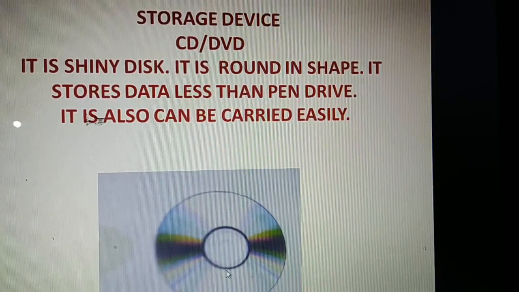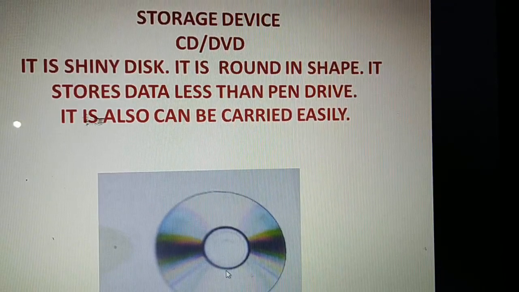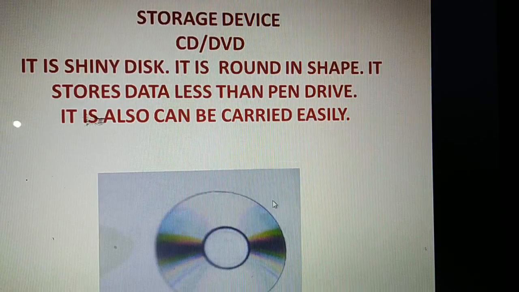CD and DVD can store data, but not more than a pen drive. It is also small in size, so we can carry it very easily in a bag. So DVD and CD are also storage devices of computer.